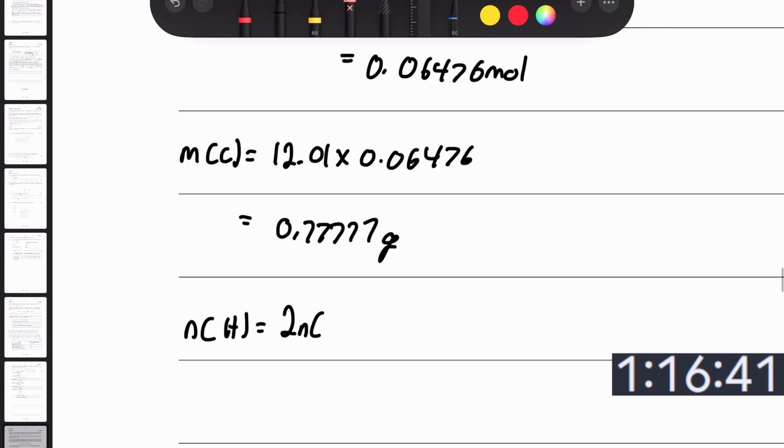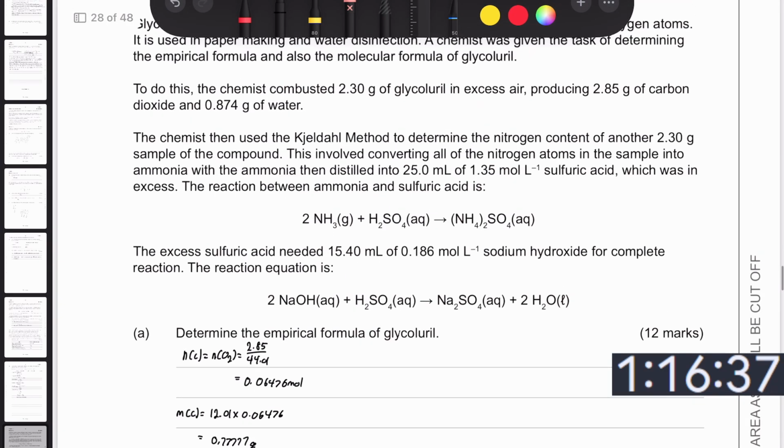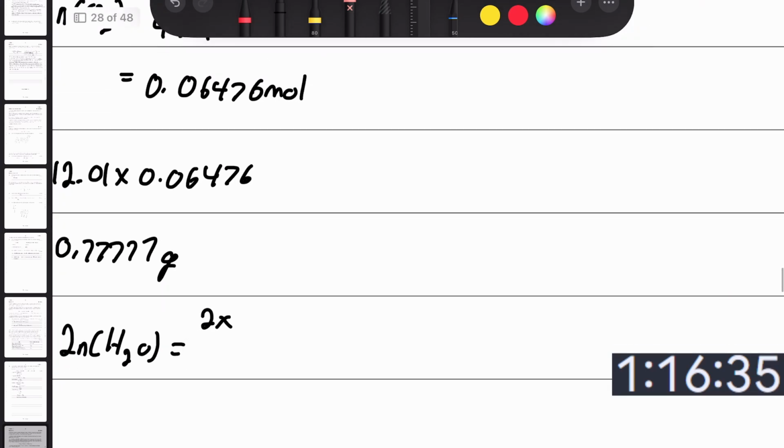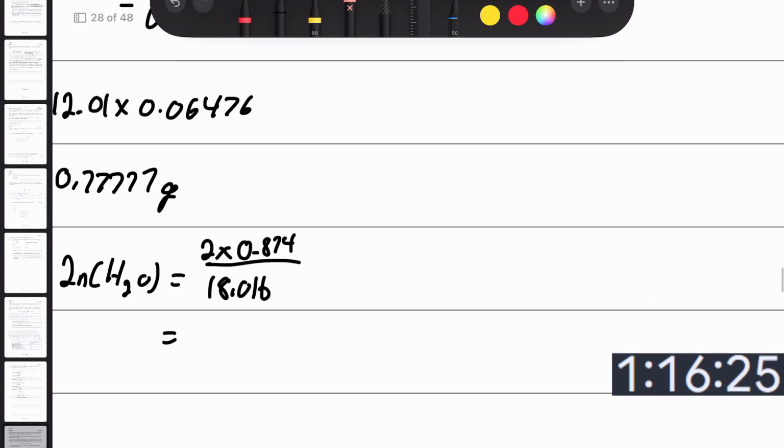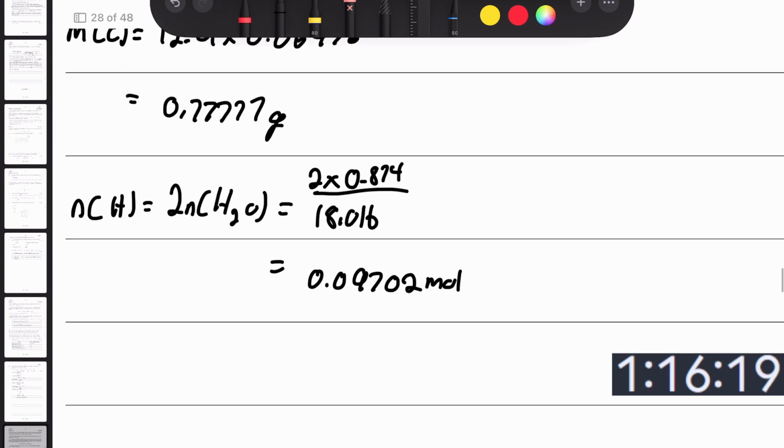Okay. And the number of hydrogens: 2 times the number of H2O, 2 times 0.874 all over 18.016, which is 0.09702 moles.